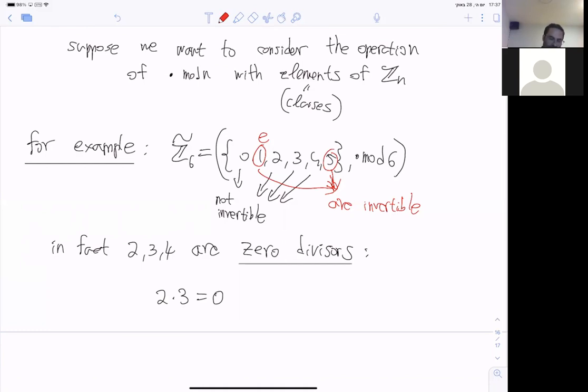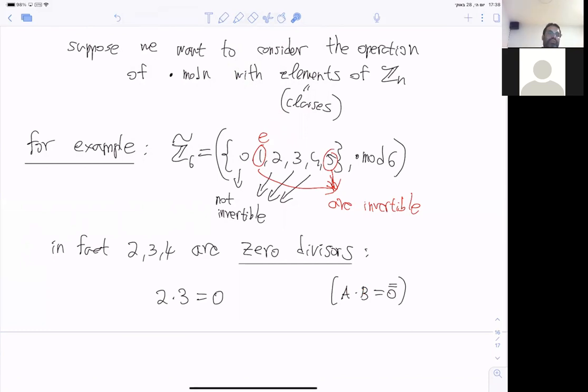By the way, you have this phenomenon also in matrices. You can have A multiplied by B equal to 0, though none of them is 0. You know that.